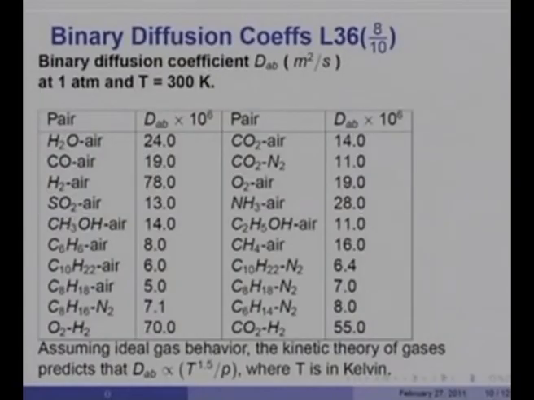So, the higher the pressure, lower is the value of D_AB, but D_AB is proportional to T to the 3/2. And temperature is to be evaluated in Kelvin, that is to be remembered. So, this is just for your ready reference.